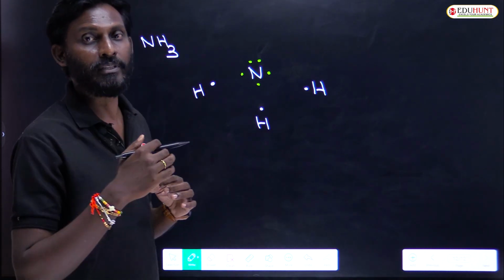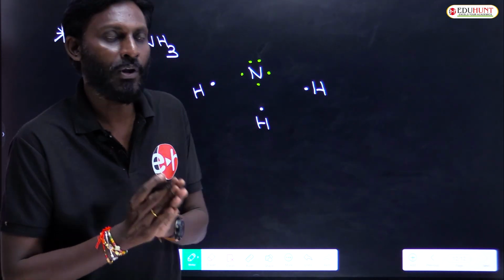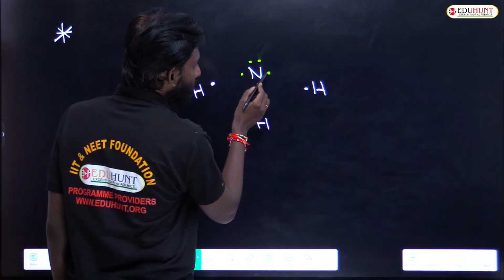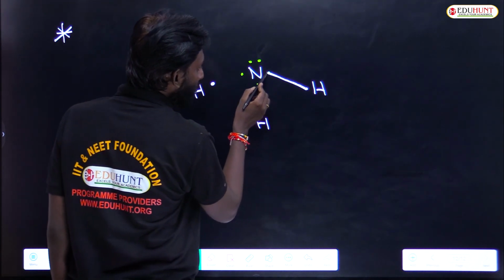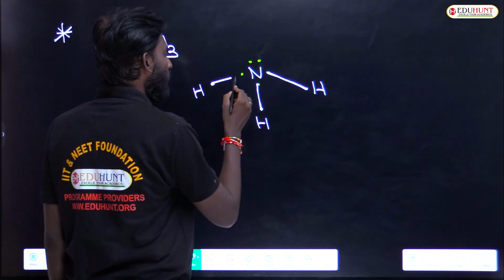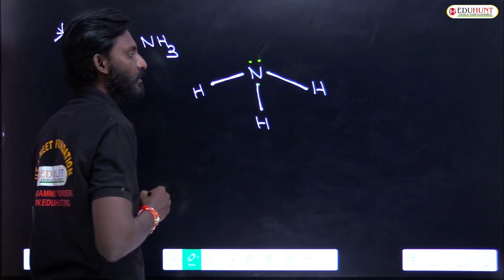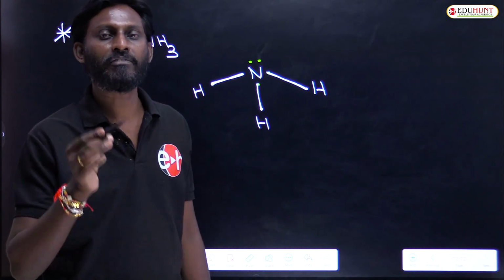Now according to Lewis concept, how do we determine the covalent bond? Covalent bond means electron pair shared. That means this unpaired electron and this unpaired electron become one covalent bond. Next covalent bond. How many covalent bonds? 3 bonds. Now look at the valency shell of nitrogen.